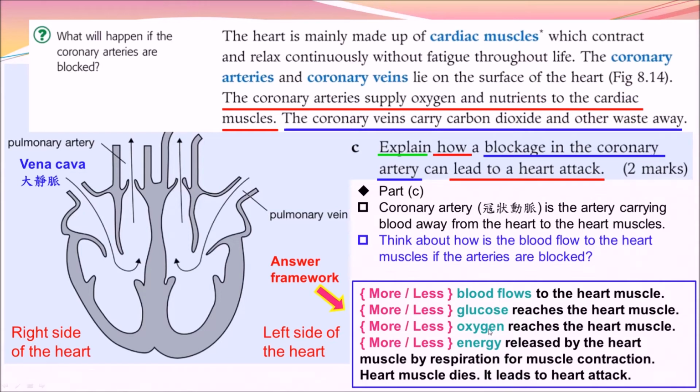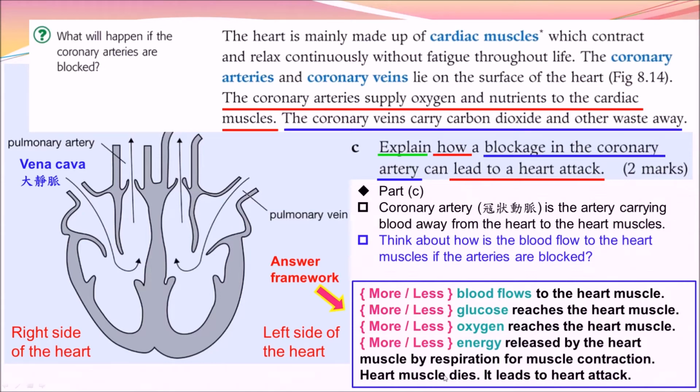More or less oxygen reaches the heart muscle. More or less energy is released by the heart muscle by respiration for muscle contraction, for heart pumping, boom, boom, boom. And then the heart muscle dies, and then it leads to a heart attack. So the whole framework helps you explain how the blockage of the coronary artery will lead to a heart attack.